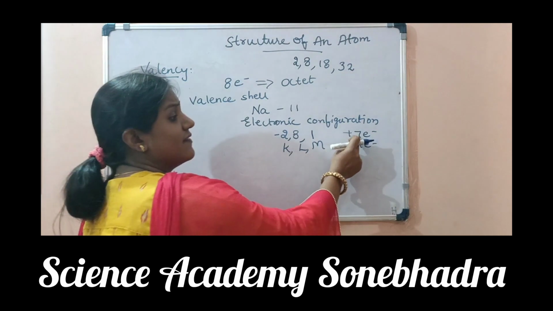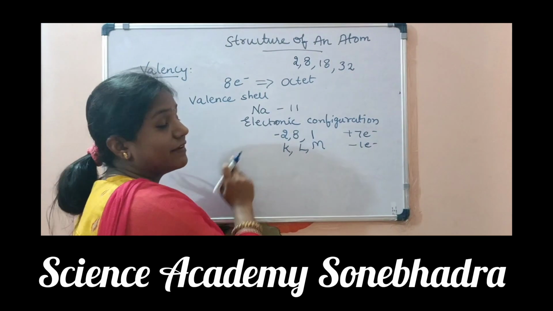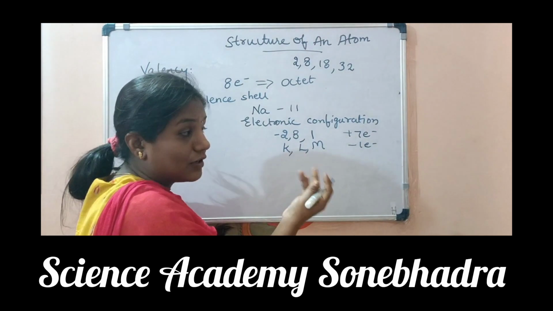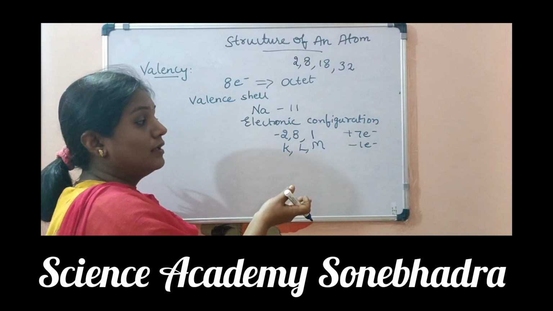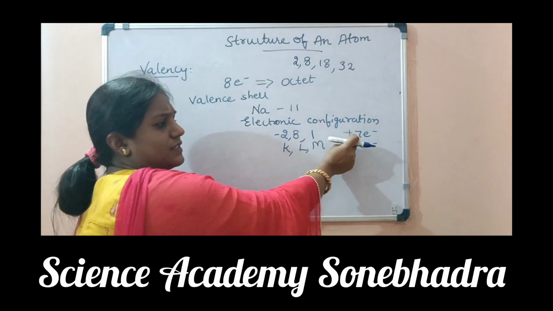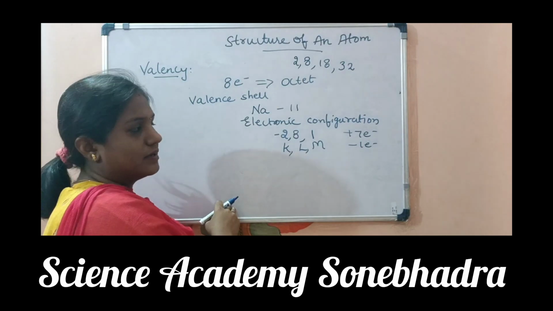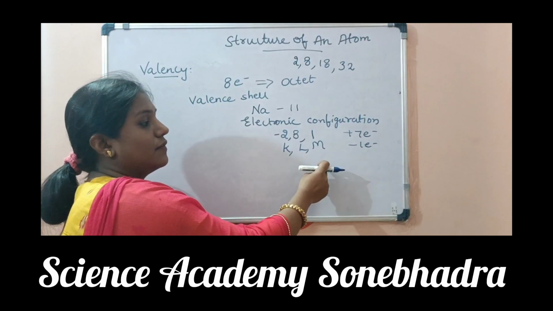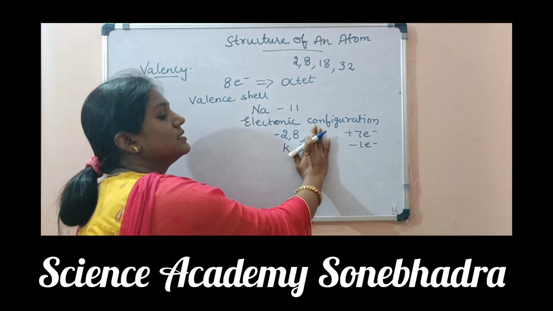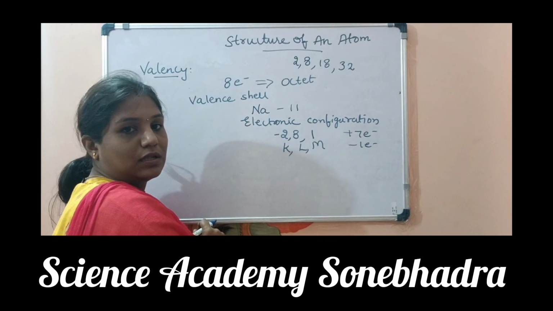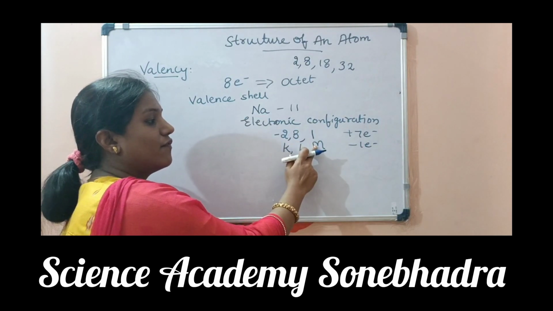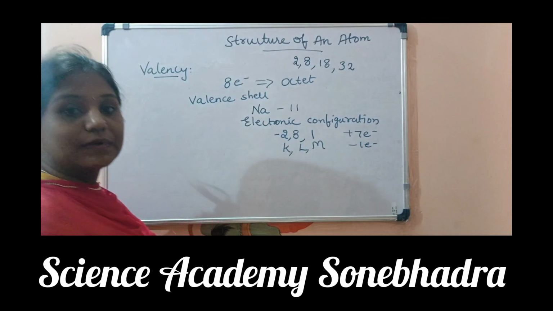So for gaining 7 electrons, how will it gain them? It has to ask for 7 electrons from other elements. But no element will give 7 electrons to any element, isn't it? So what will it do? It will try to lose this 1 electron. Sodium gives 1 electron to other elements.